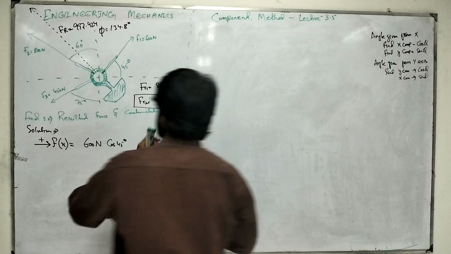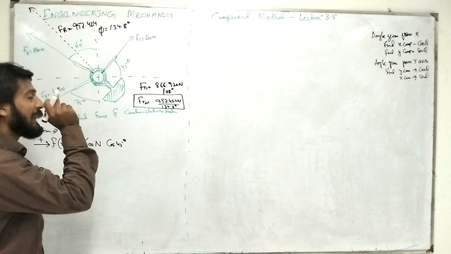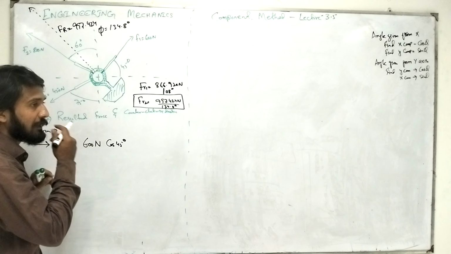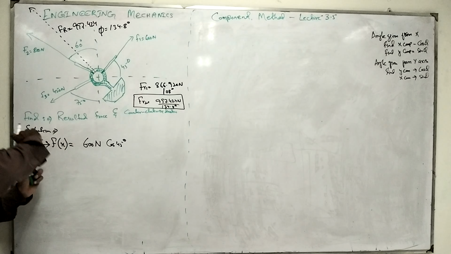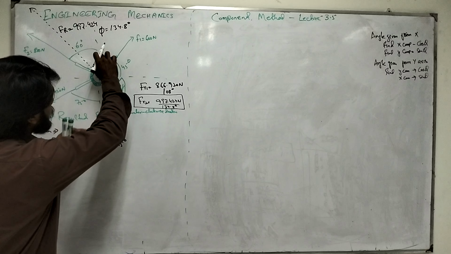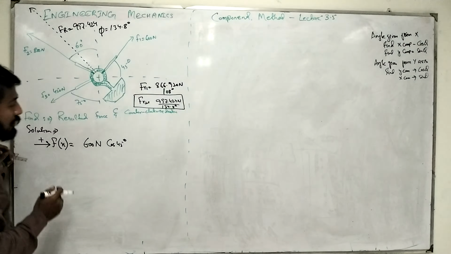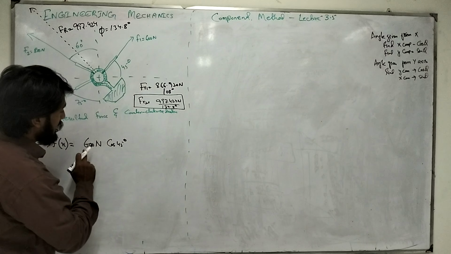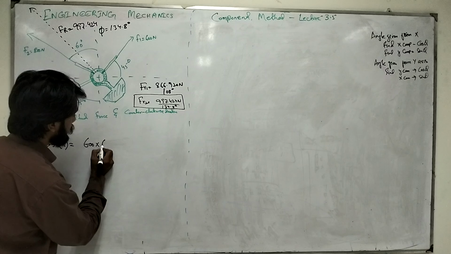So if the angle is given from x and we want to find x, we use cosine theta. If the angle is given from y and we want to find the y component, we again use cosine theta. But if the angle is given from y and we need to find the x component, we will be using sine theta, as I have stated over there. So here it will be 600 multiplied by cosine 45 degree.